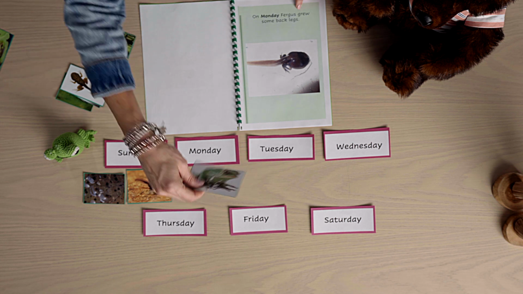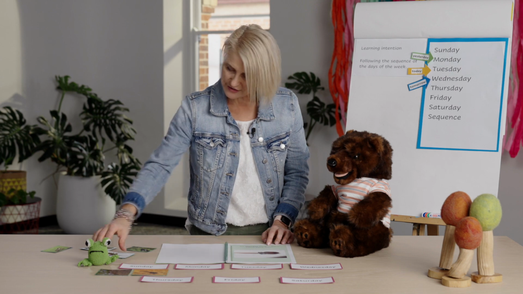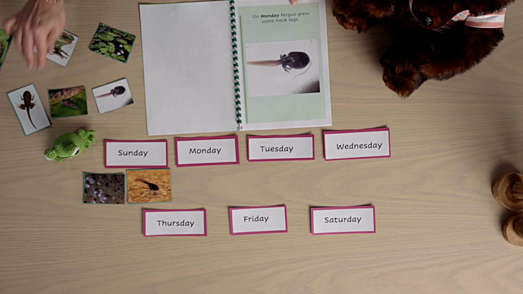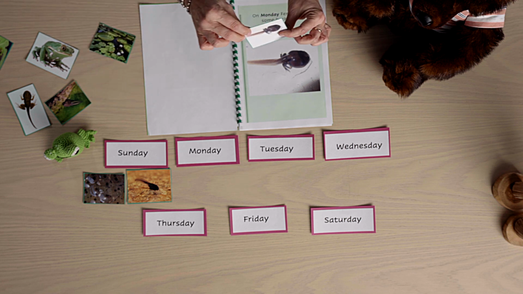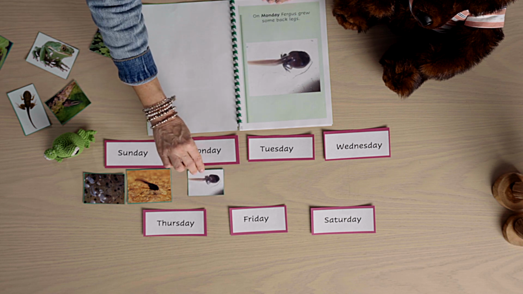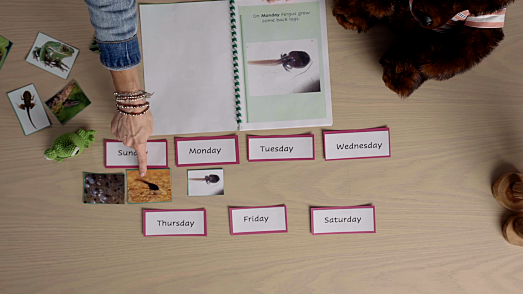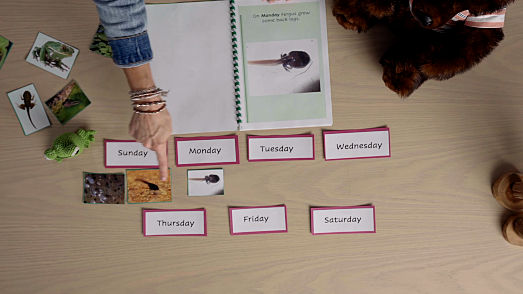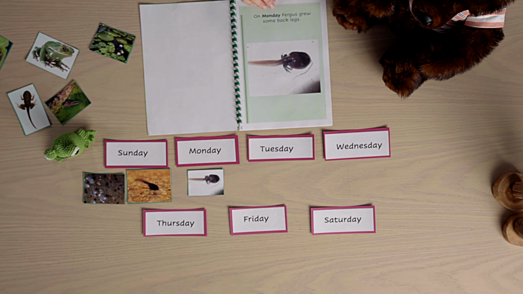We need to take our frog picture out and we need to find the picture of Fergus and his back legs. This would be the same picture. So on Sunday, he was an egg, he popped out, turned into a tadpole. Then on Monday, 2 little back legs appeared.